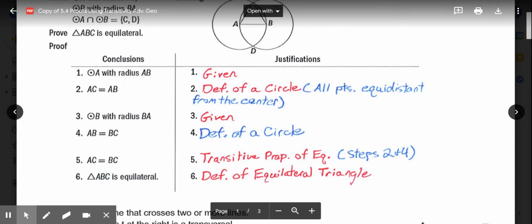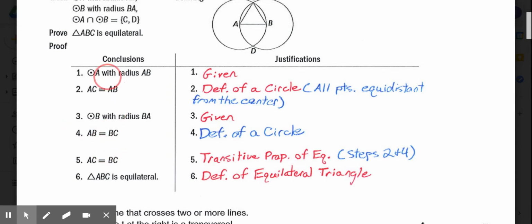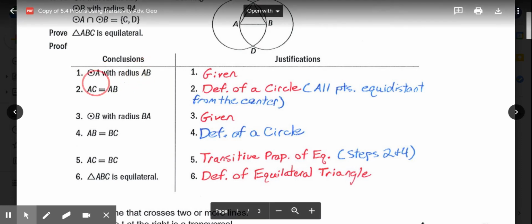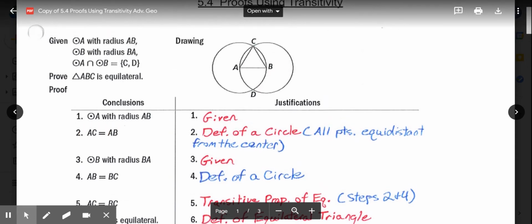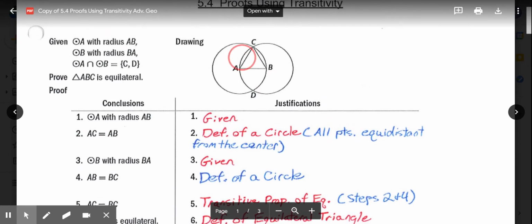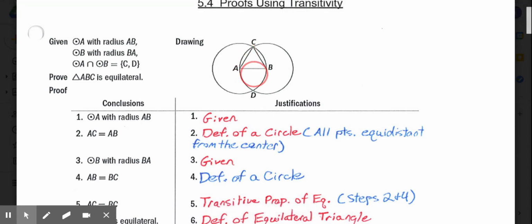After we said circle A with radius AB, they gave us the conclusion that the distance from AC is equal to the distance AB. So AC here is equal to AB here. How can they say that? They can say that based on the definition of a circle, which states all the points are equidistant from the center.